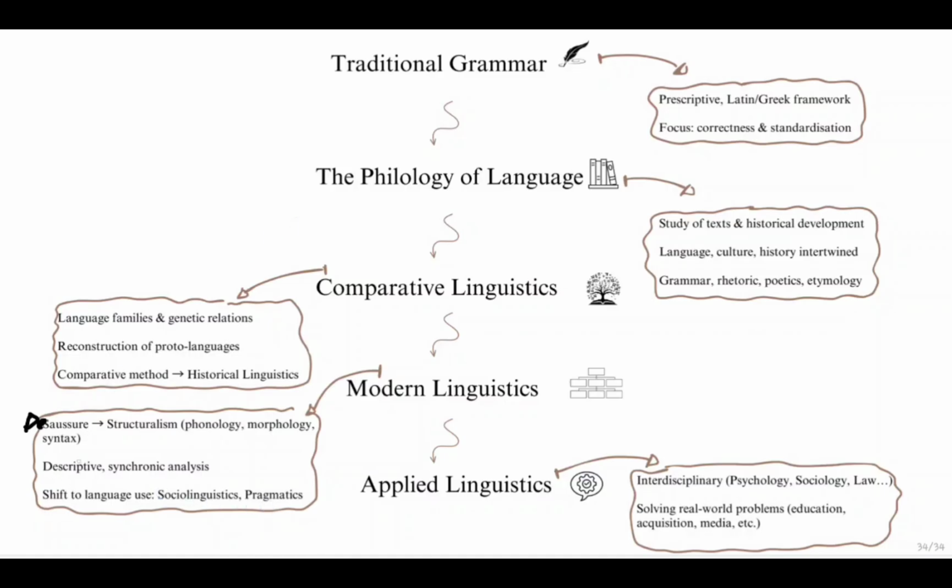We have the descriptive nature. If we look in here, we have here descriptive and here what? Prescriptive. You see the shifting from this to this, all right? And the shift to language use, that is sociolinguistics, pragmatics, etc.